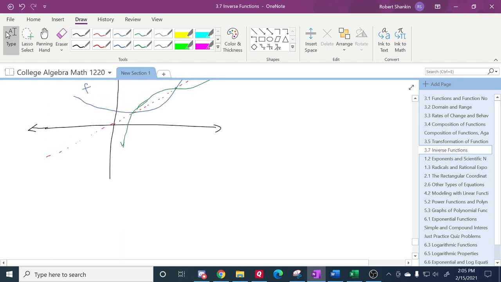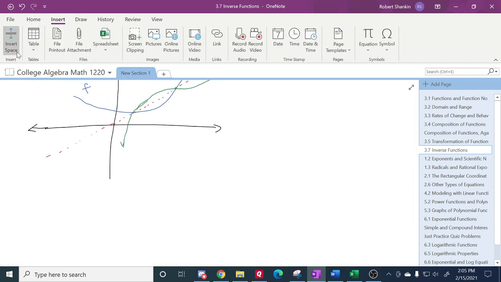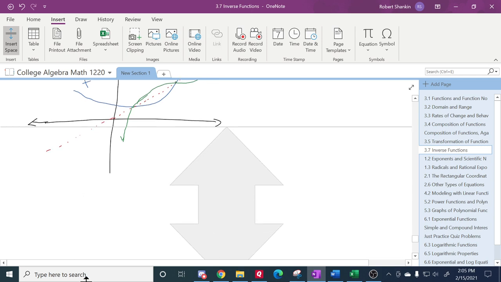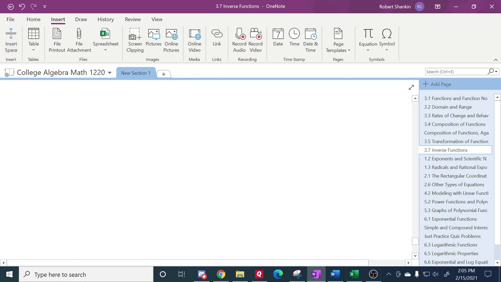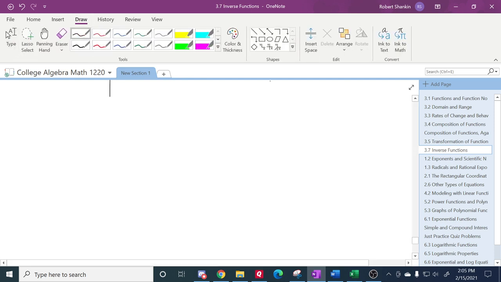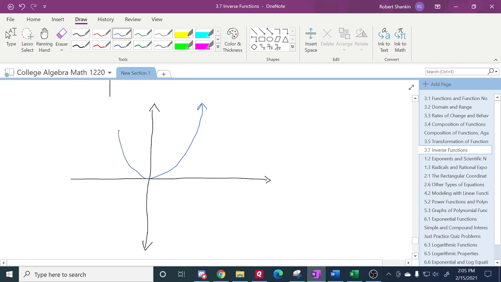So, what does this tell us? Let's look at something. Let's do another example of taking a function. Suppose my original function is an upward parabola, centered at the origin.